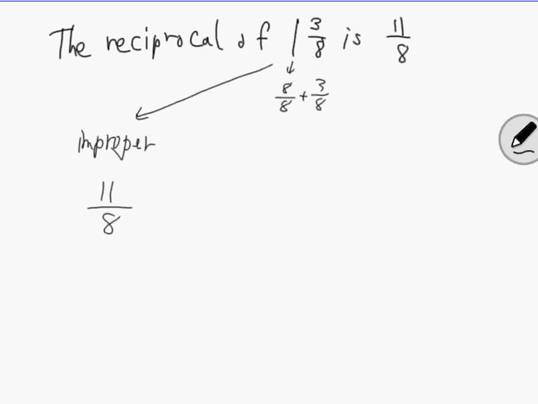Now the reciprocal of that would be swapping the numerator and denominator to get 8/11. So the answer is false. The improper fraction of 1 3/8 is 11/8, but the reciprocal is 8/11.